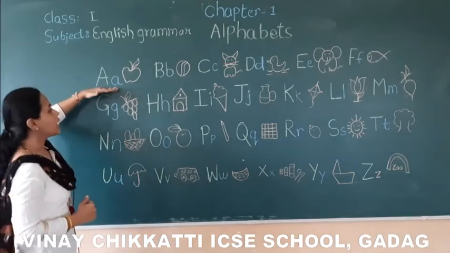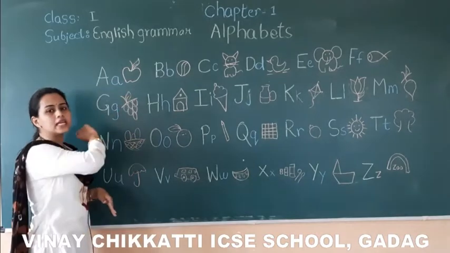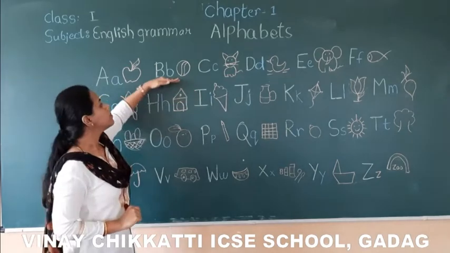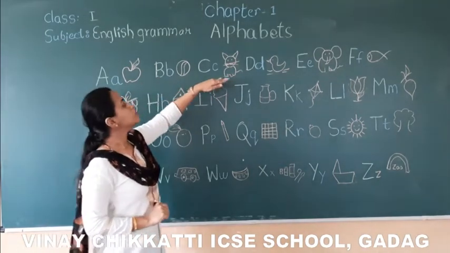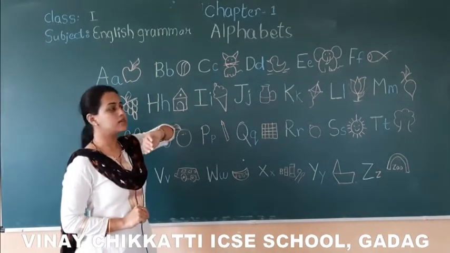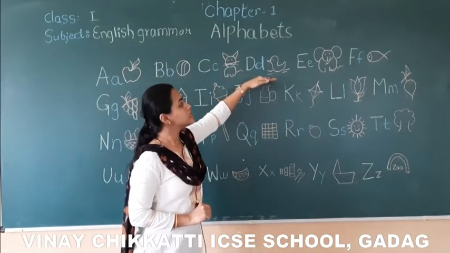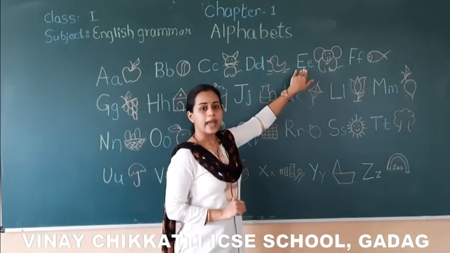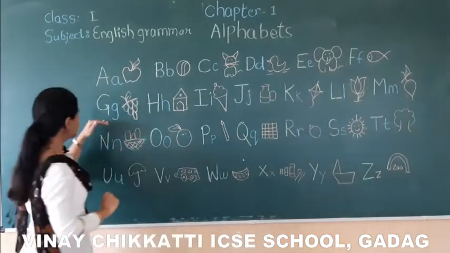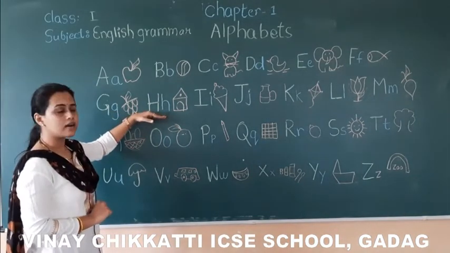Okay, the sound of A is A. B, B. C, K. D, D. E, A. F, F. G, G. H, H.